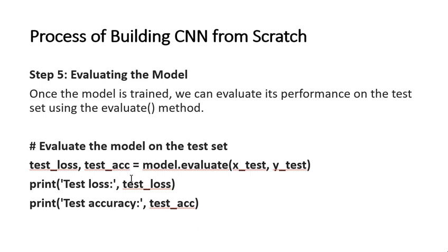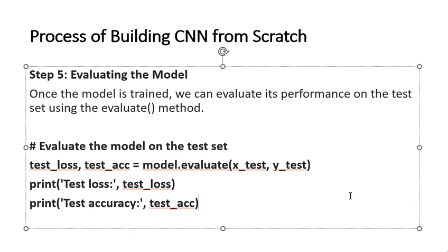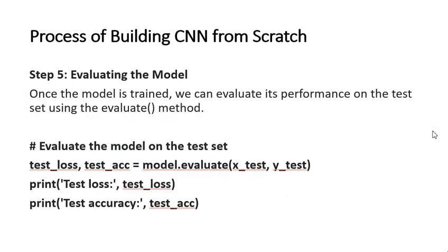So test loss comma test accuracy equals model dot evaluate. So you can print that loss graph, తర్వాత accuracy graph, and both graphs will be printed. Then in those graphs we can see whether the model is converging with the data set properly or not.